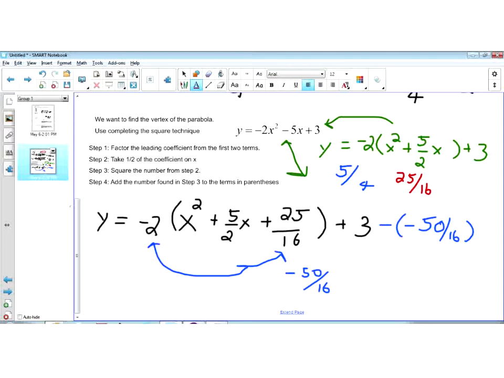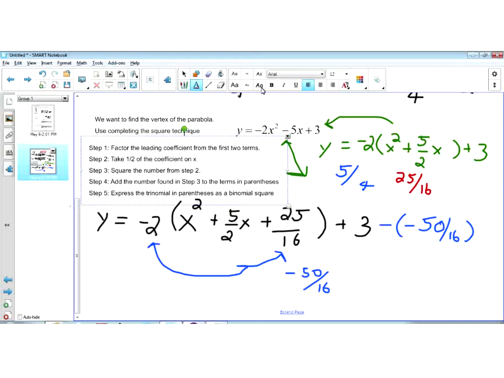All right, good. So what next? I combined a lot of steps into step 4, but I think you get the point. So now step 5: express the trinomial in parentheses as a binomial square.